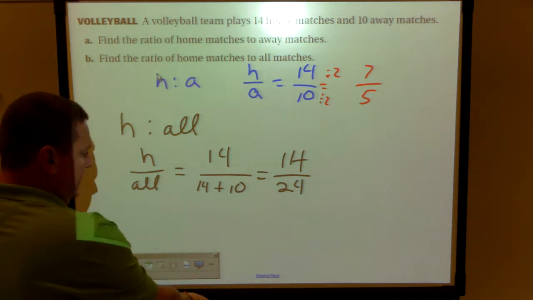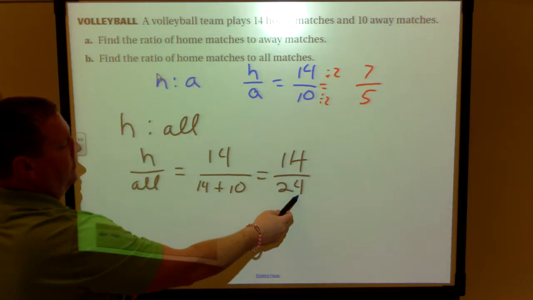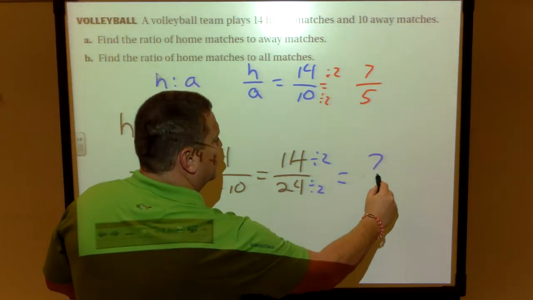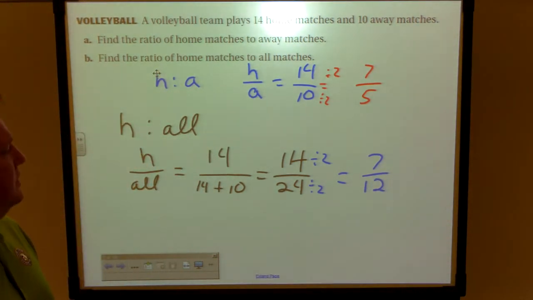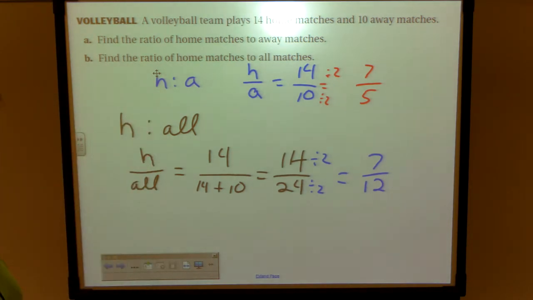And we can still simplify this. So even though the ratio of home to all is 14 to 24, I can still divide by 2 and reduce that to 7 over 12. So 7 home to 12 all the way. 7 to 12 is the ratio of home to all matches.